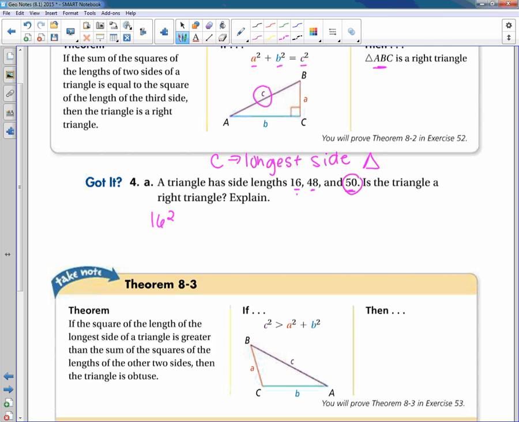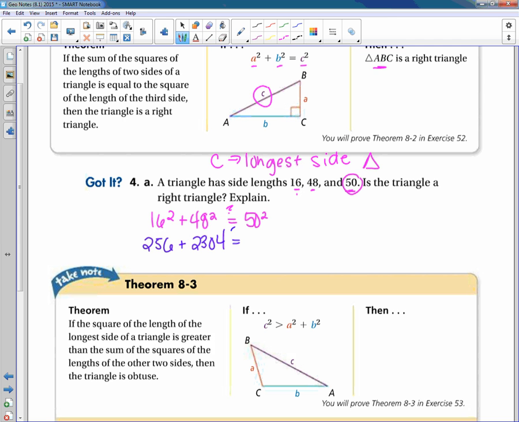So we'll say 16 squared plus 48 squared, and we'll put a question mark over our equals because we're not sure, and we'll say 50 squared. So I'll punch in my calculator 16 squared, and that becomes 256, okay, and then 48 squared, which is 2304.